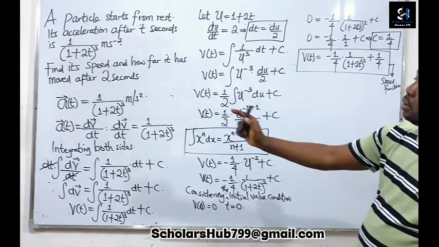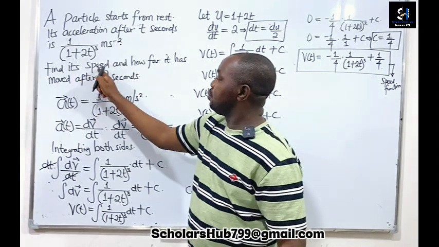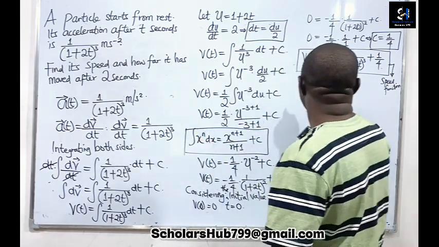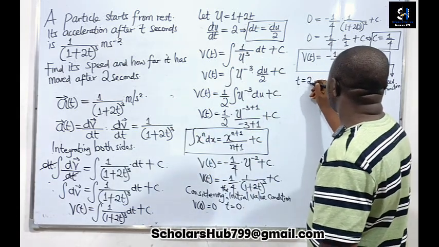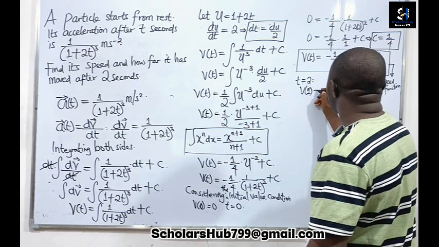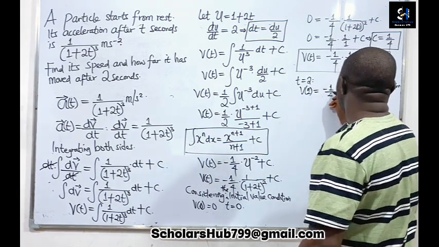Now, in the question, we are asked to find the speed after the particle has moved 2 seconds. So at t equals 2 seconds, v of 2 will be equal to minus 1 over 4.